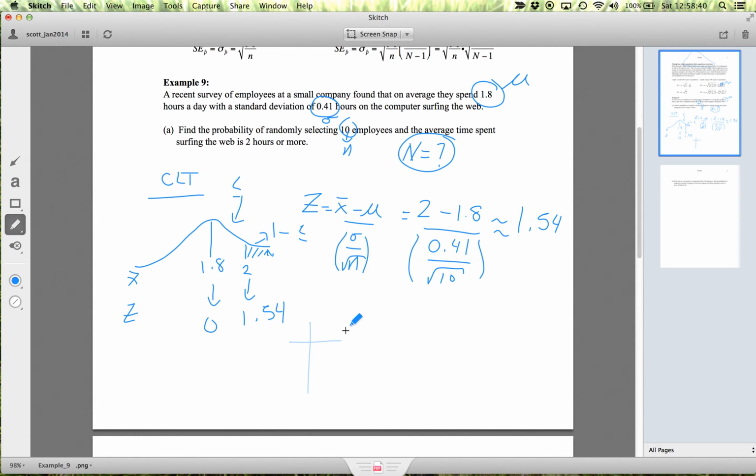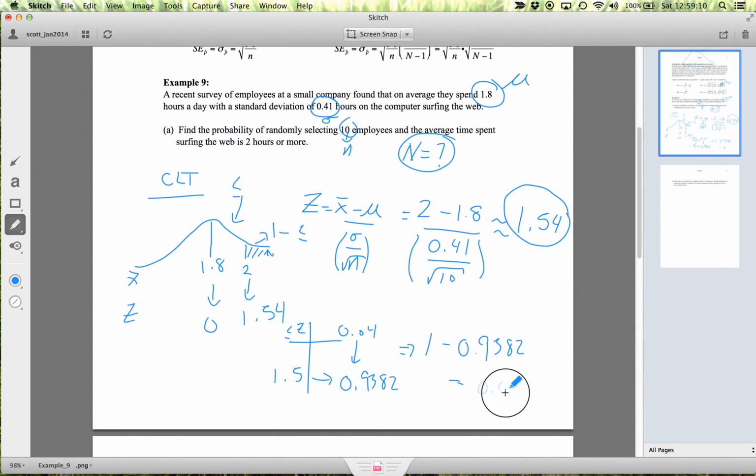In our z table, this is the cumulative z table, we're looking at this value 1.5 and where it matches up with 0.04, and we get this number to be 0.9382, and then obviously the complement of that is when we have 1 and we subtract the probability we just found, which will end up being 0.0618.